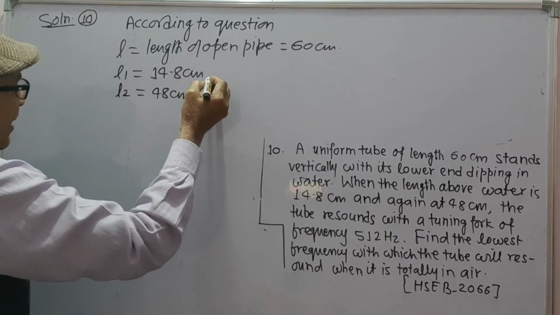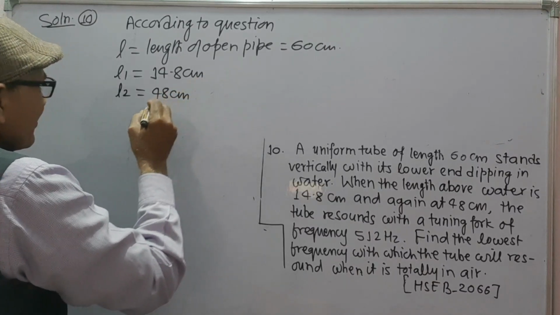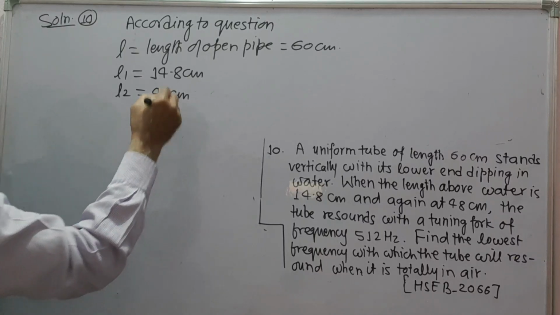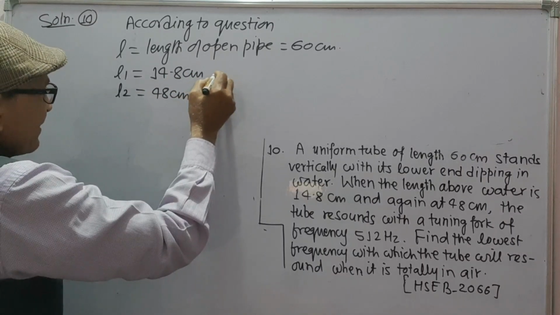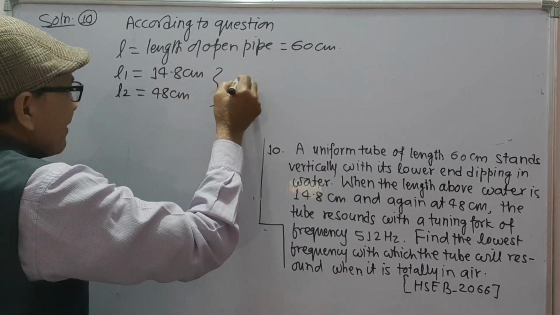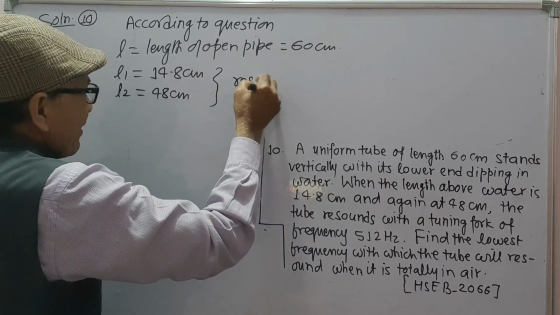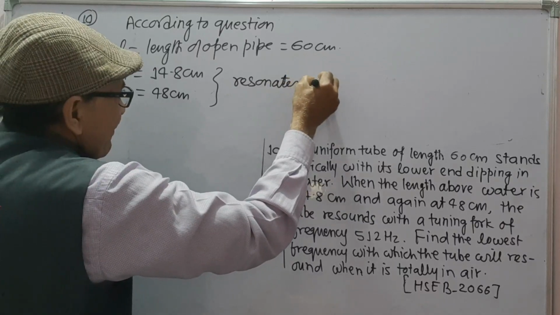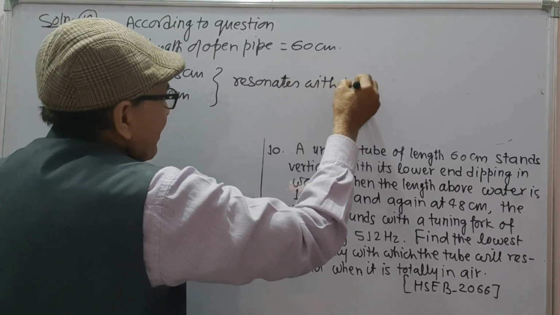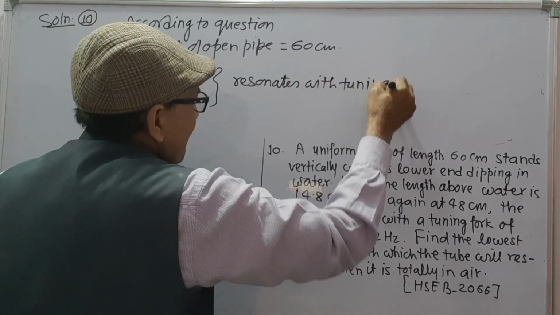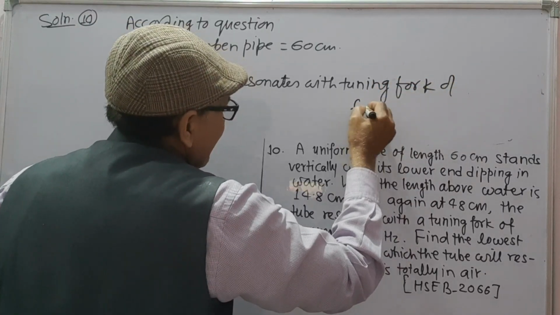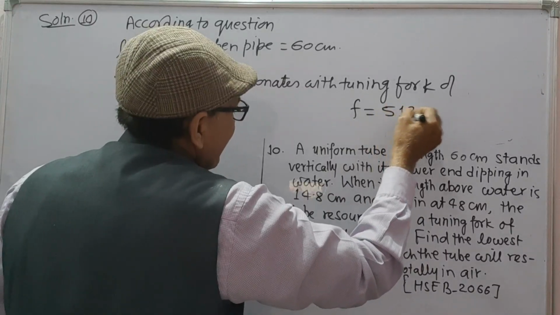in air, then L2 is 48 cm, and it resonates with the tuning fork of frequency 512 Hz.